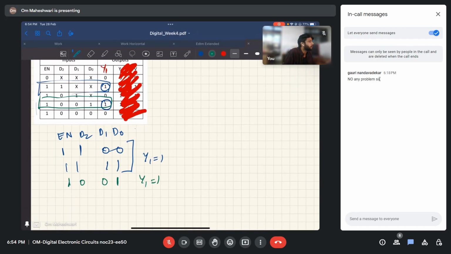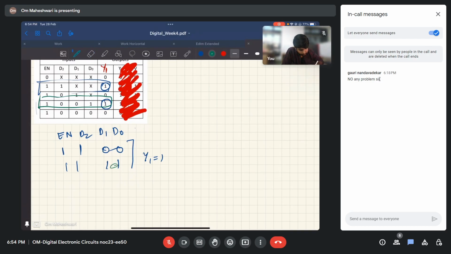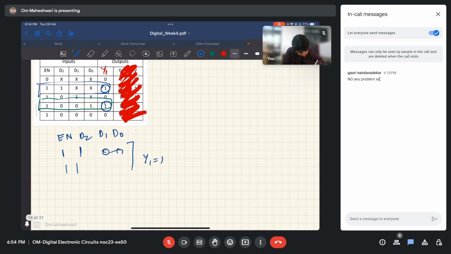Not 3, sorry, my bad. Since these are xx, they can be both 0 and 1. So it can be 0, 0, 0, 1, 1, 0, 1, 1. So for these four cases, Y1 is 1, and this additional case, 1, 0, 0, 1.